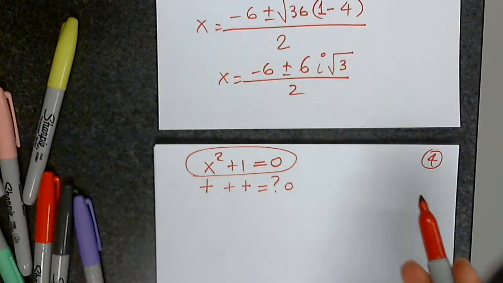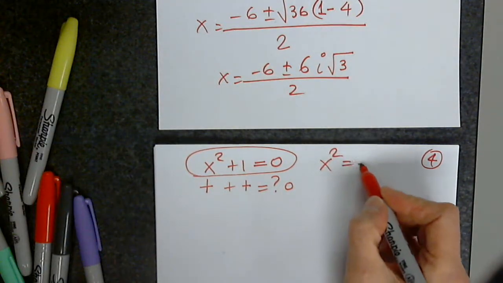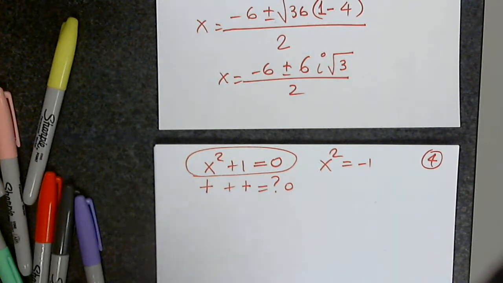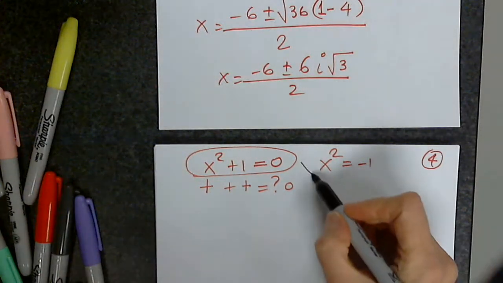So I will move one to the other side. And this is already a contradiction in real numbers because this is a positive number and this is negative. Can I say ever that there exists a positive number that equals a negative number? No. So I will take the square root because this is typical for taking square roots.